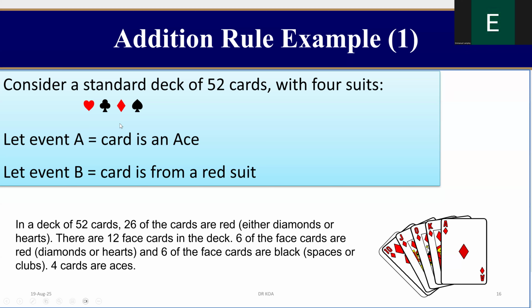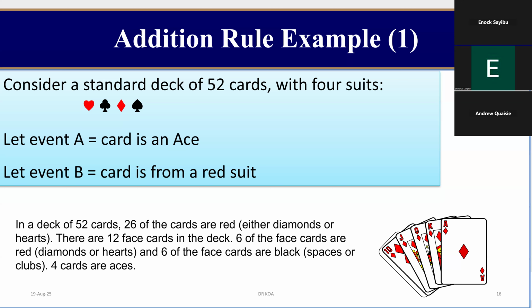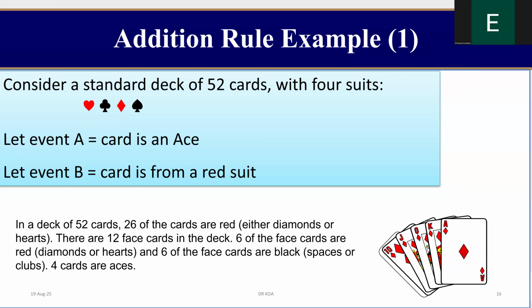Now the next one, what was the name we used to call it? It's very, very funny. Enoch says Carlo. But what is the actual, universal name? Diamond. Okay, it's a diamond and it's always red as well.